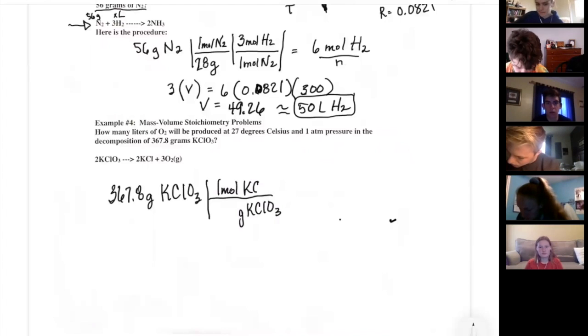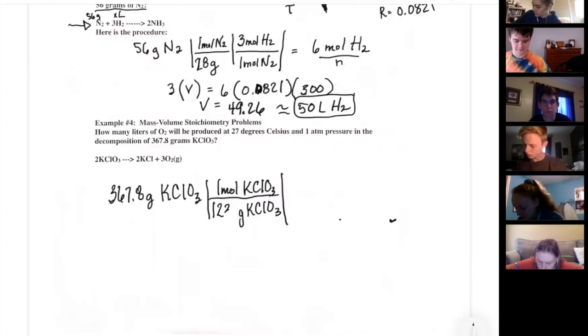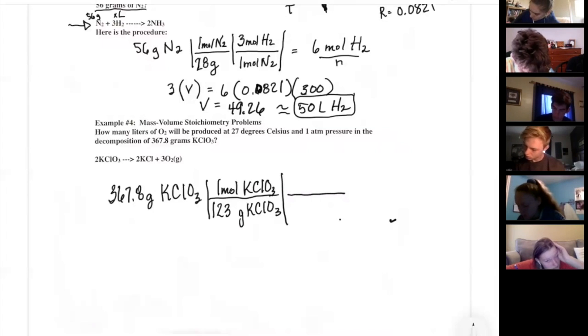I got it to be 123 grams. 123. Did anyone else look? Yeah, that's what I got. Okay. General assent. Okay, so then the next step is mole to mole.